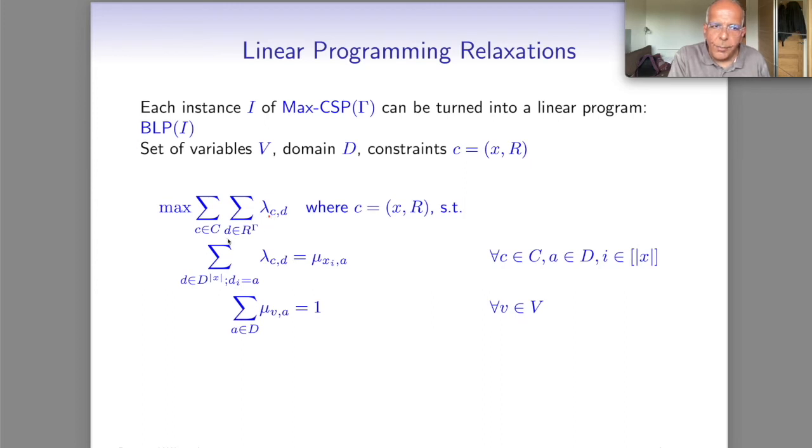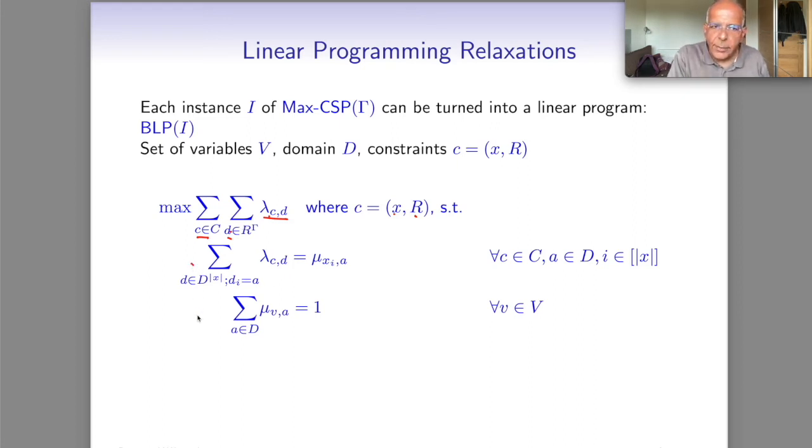For each constraint C and each tuple d in the relation R, we have an indicator variable lambda_{C,d} to say that C maps to d. You take the sum over all constraints of this. This tells you the number of constraints you're satisfying, so this is what you're trying to maximize.